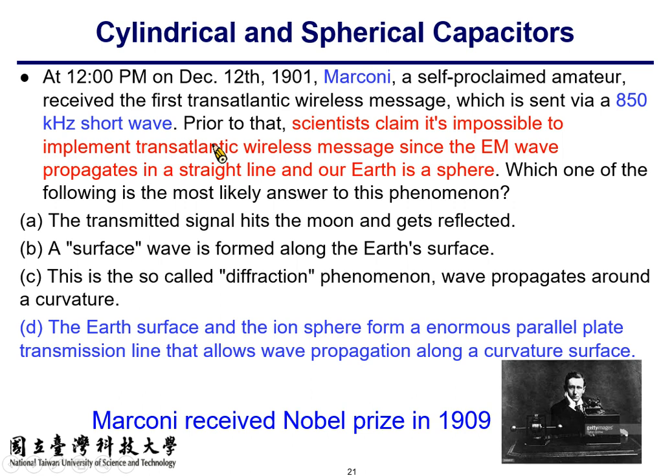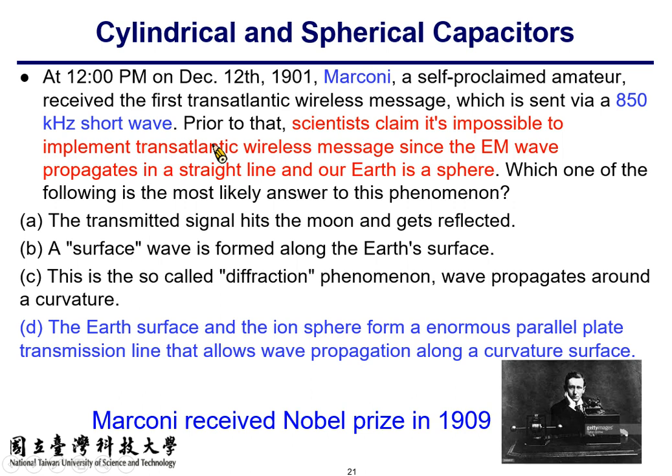Why do we have ions at this high altitude? Because of the sun. The radiation from the sun comprises not only visible light, but also X-rays and gamma rays. Those high frequency electromagnetic waves can ionize gas molecules, so that the gas molecules separate into positively and negatively charged particles. So you have the ionosphere.